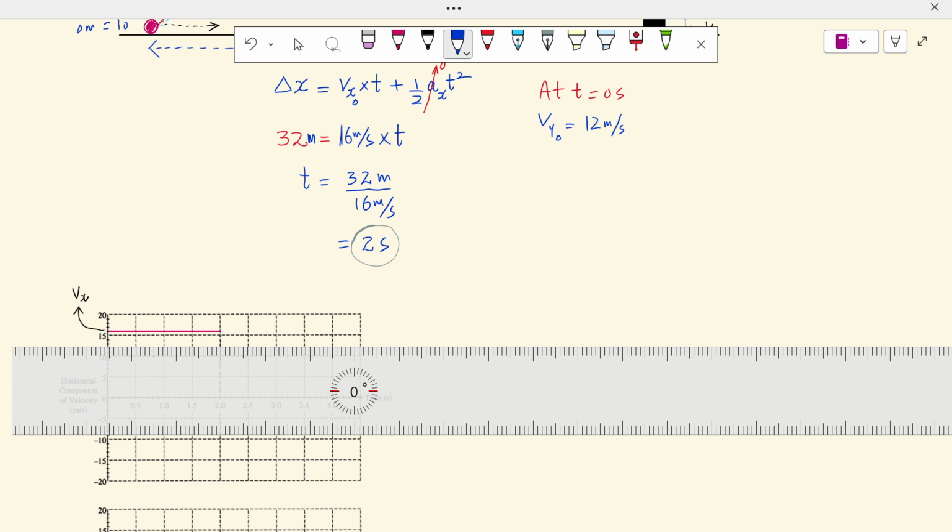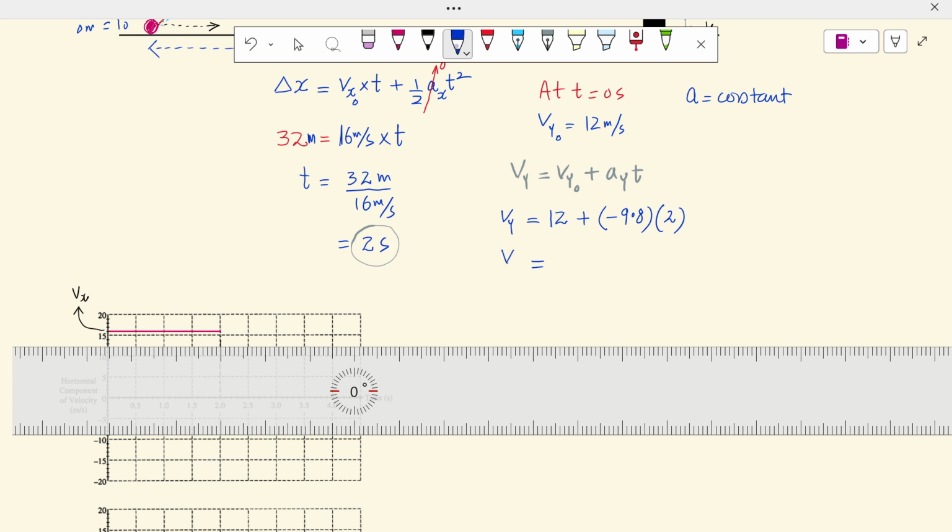But with the passage of time, it will decrease uniformly, because acceleration is constant and negative. So what equation should we apply to find the velocity at 2 seconds? vy = vy0 + ayt, right? This is our equation of motion. So vy is equal to 12 meters per second plus negative 9.8 times 2, and the answer is negative. Okay, interesting.